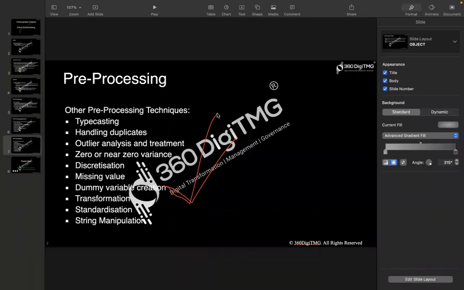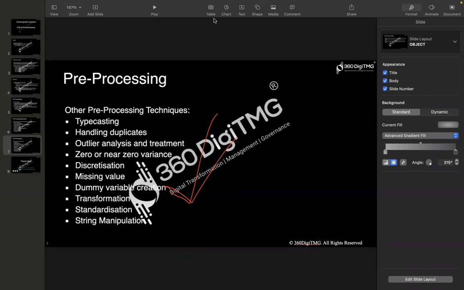In regression analysis, a dummy variable is also known as an indicator variable or just a dummy. It takes the value 0 or 1 to indicate the absence or presence of some categorical effect that may be expected to shift the outcome.